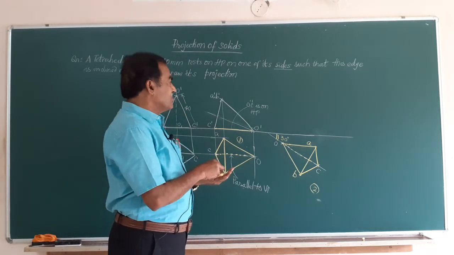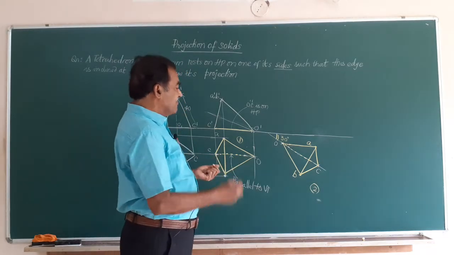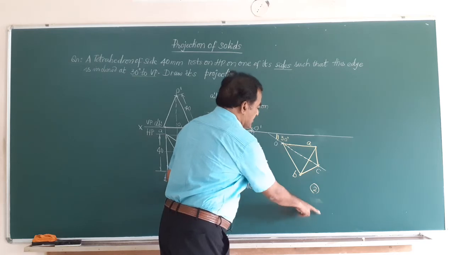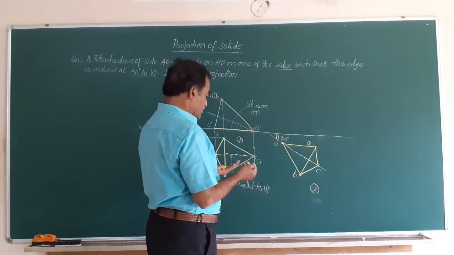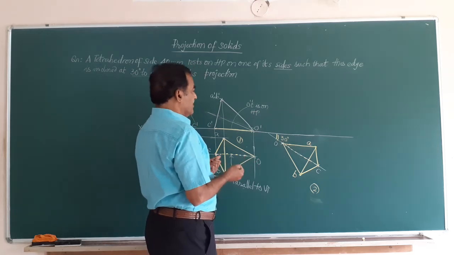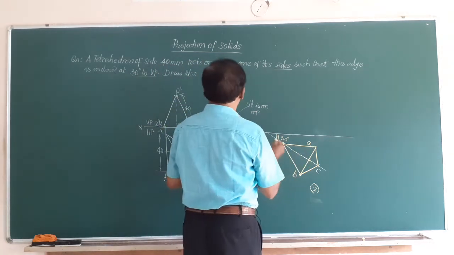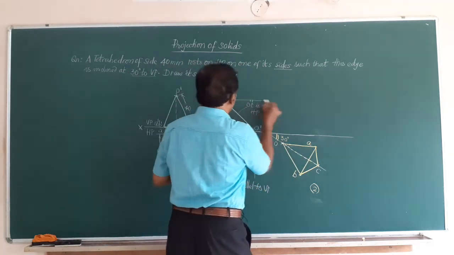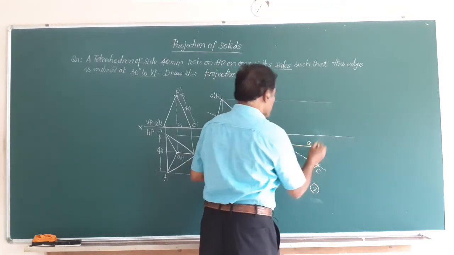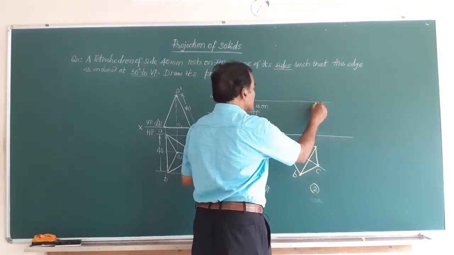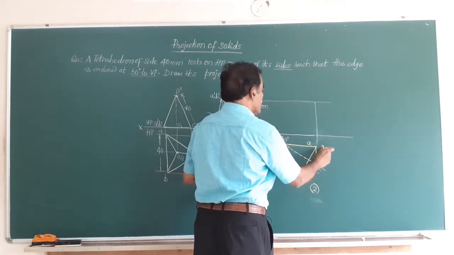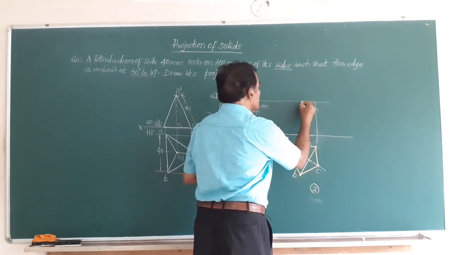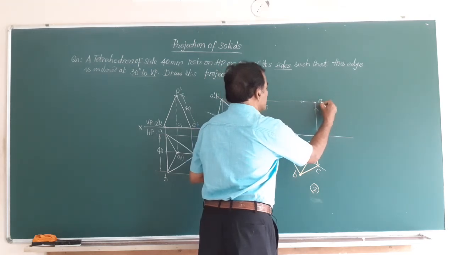Friends, now we are left with getting the front view of this solid. So, how to obtain the front view? It is very simple. Follow the simple procedure, obtain the points one by one. Now, I have to get A and B. Friends, I will draw a horizontal line and a vertical line through this A. The point of intersection of these two will give you the corner A dash.